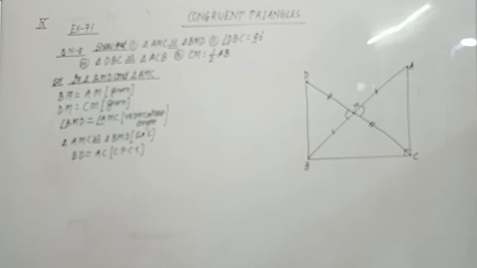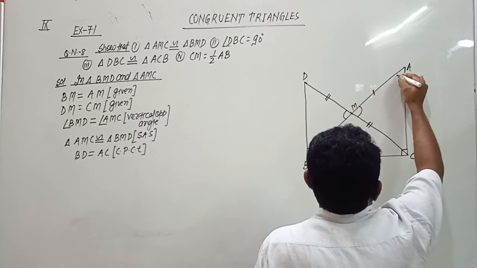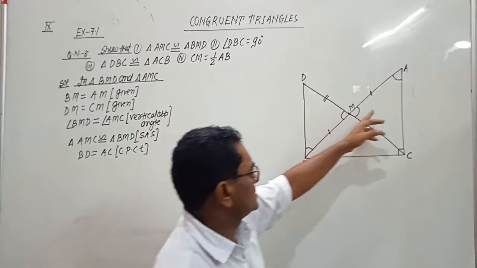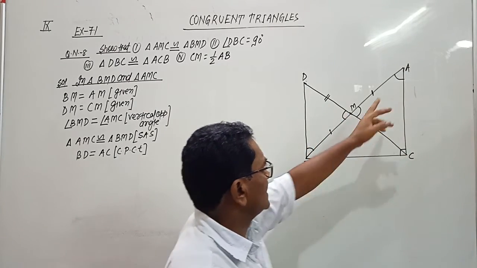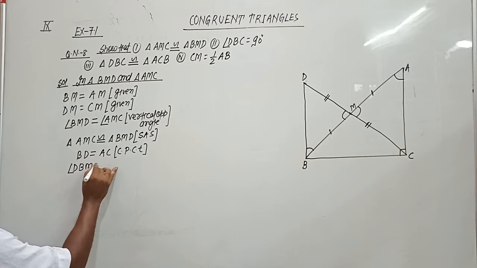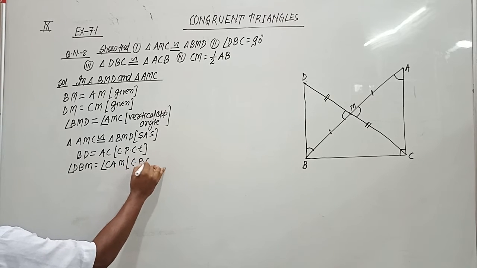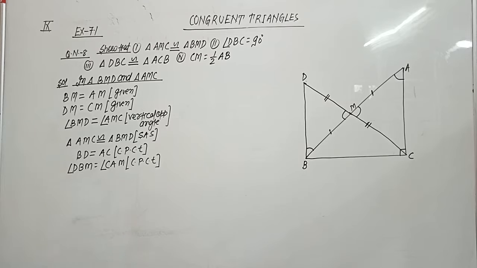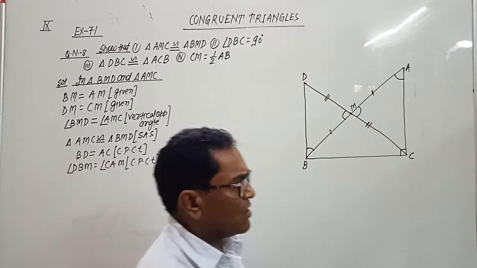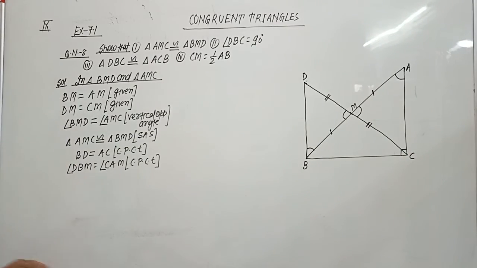And angle DBM equals angle CAM. These are the corresponding angles from these two congruent triangles. This is also by CPCT.